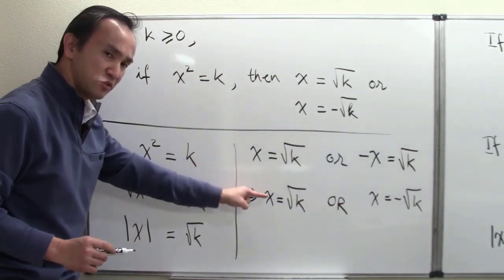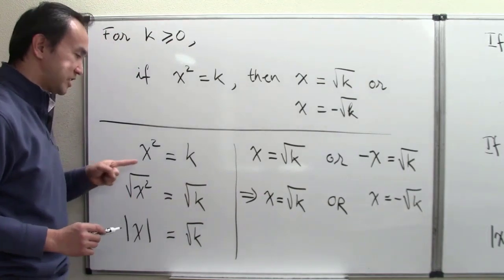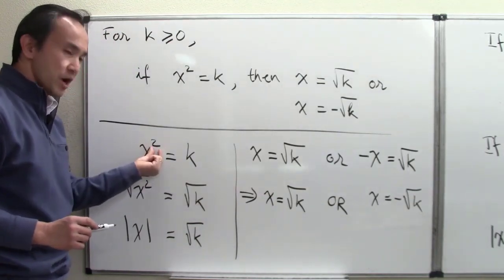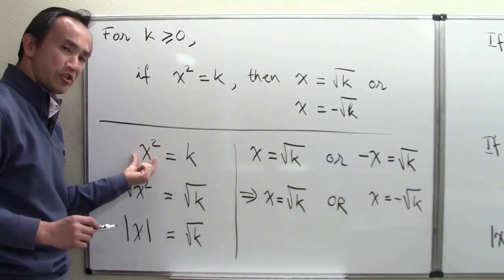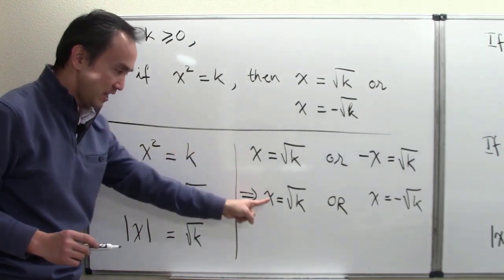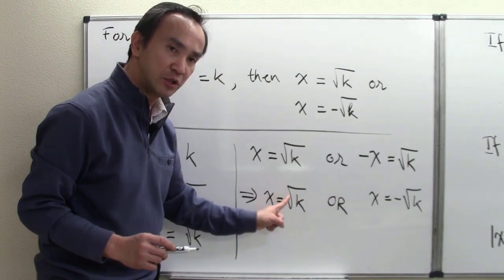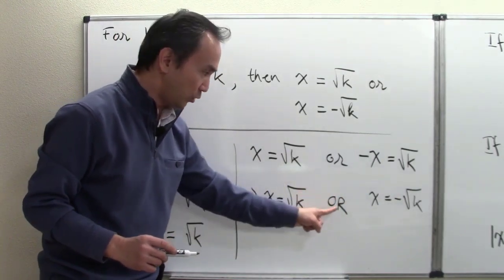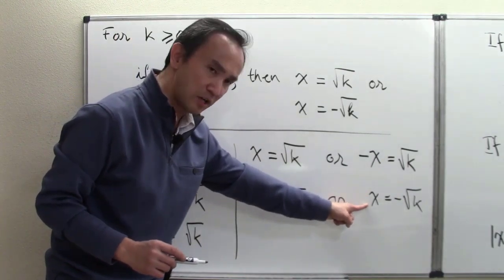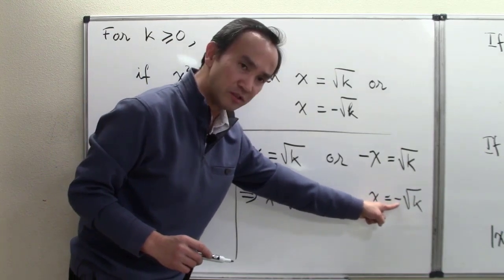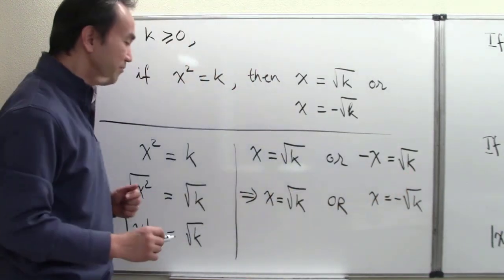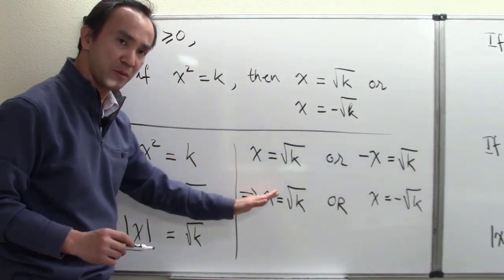And so we have come to that final generality, which states that if the square of some unknown expression equals k, then the unknown expression on one hand can equal the square root of k, or on the other hand, the unknown expression can equal the minus square root of k. And that's how the square root property came around.